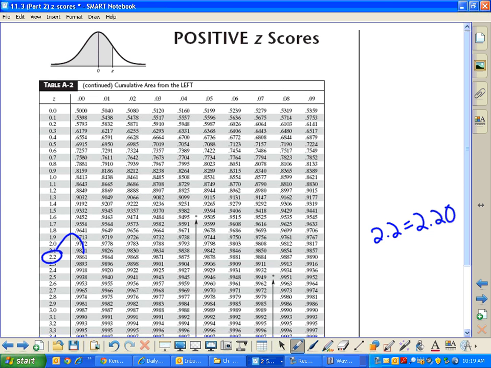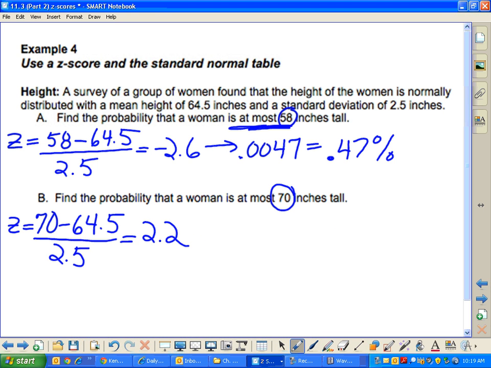For 2.20, I have to go over just one column. So I got 0.9861 is the value I'm looking for, which is 98.61%. 98.61% is the probability that a woman is at most 70 inches tall.